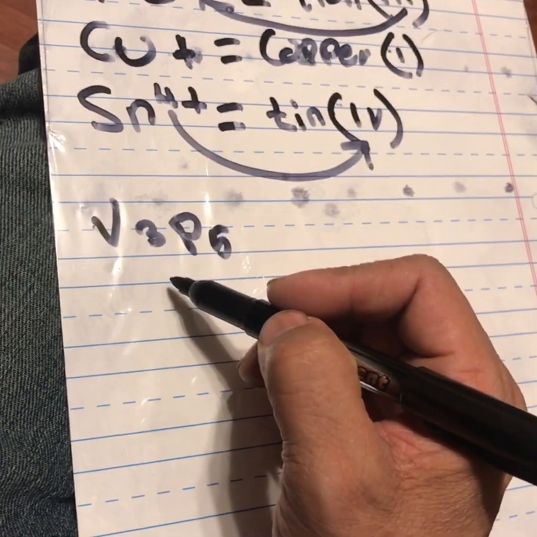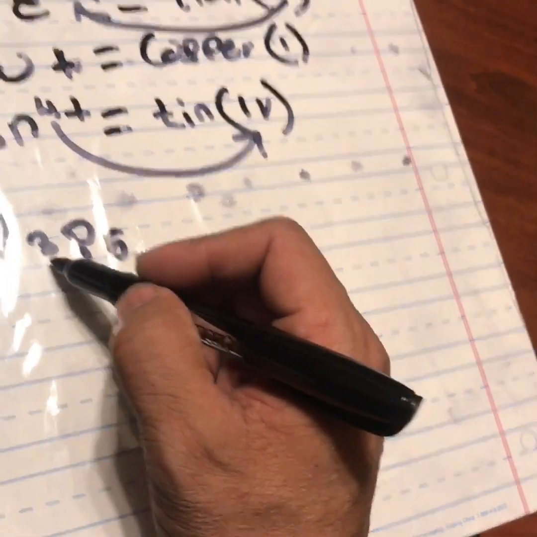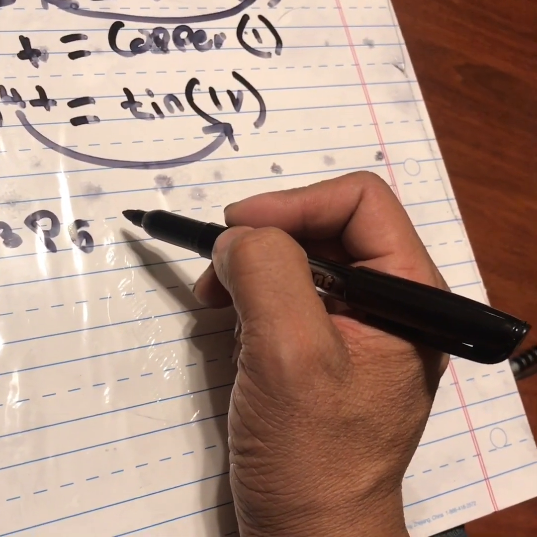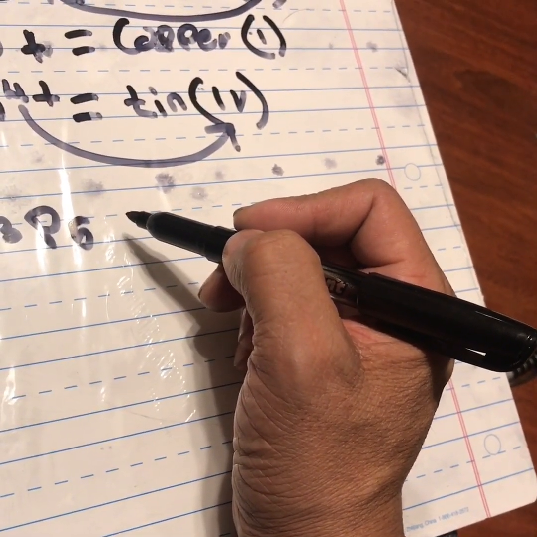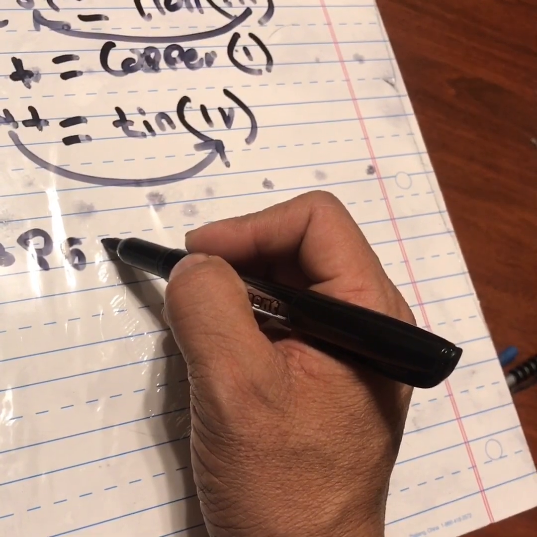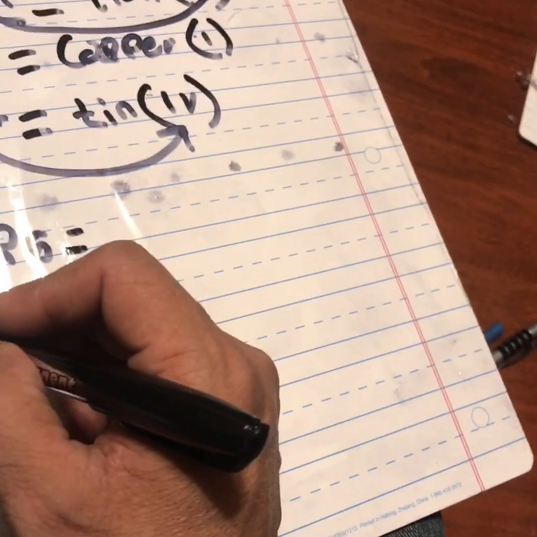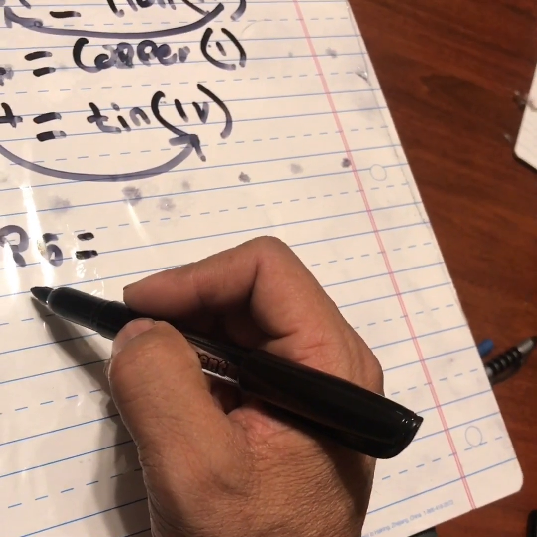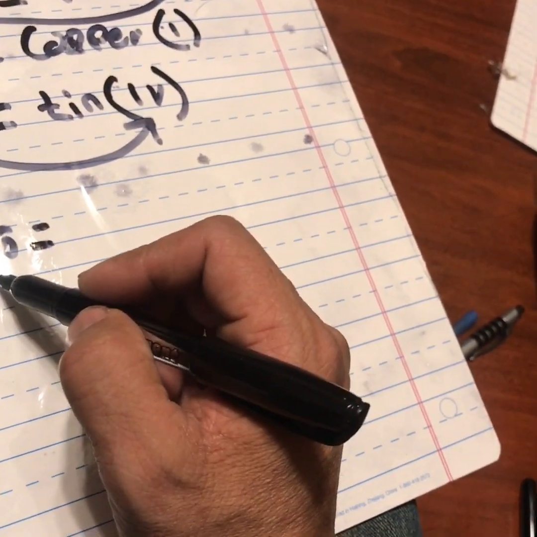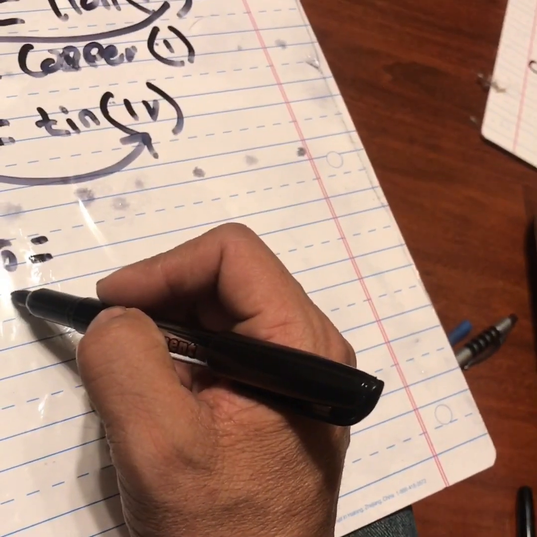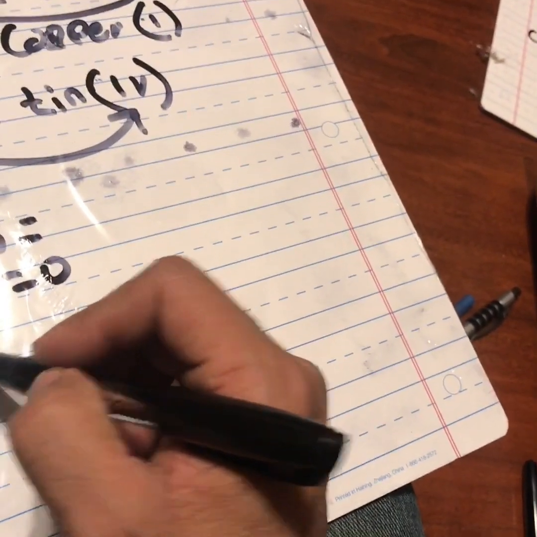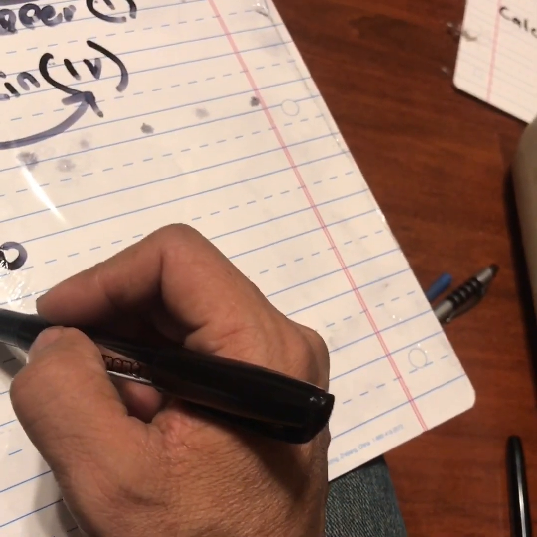Another example we have is vanadium with phosphide, V with P. To find the value of vanadium, we need to first solve for V. So we know phosphorus has a charge of -3, and this is how we set the equation: 3V plus 5(-3) equals 0.